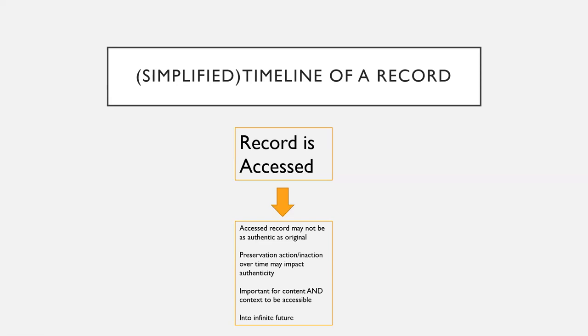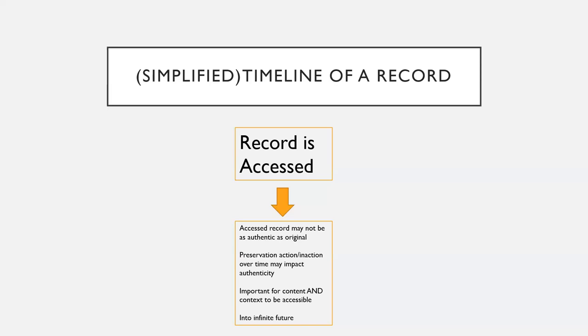So the records have been copied to a different type of film, or the film has been digitized, or the records have been migrated to a different file format. All these things can have impacts on the authenticity of the record, as I have noted here. So both actions and inaction can impact authenticity over time.